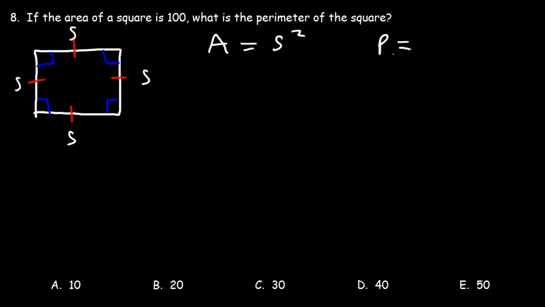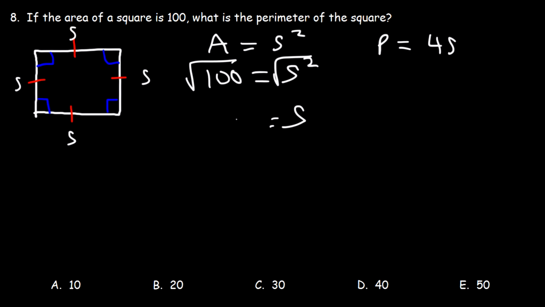The perimeter is basically the sum of the 4 sides. So S plus S plus S plus S. If you add S 4 times, it's equal to 4S. So if the area is 100, we could solve for S. So we've got to take the square root of both sides. The square root of 100 is 10.